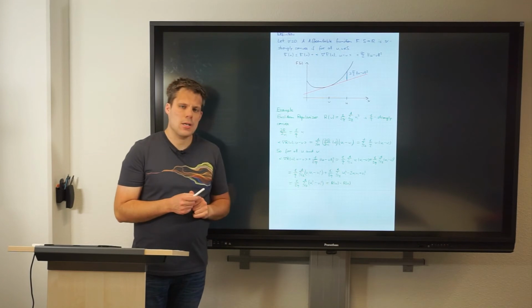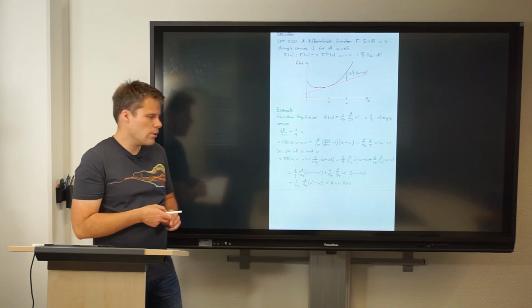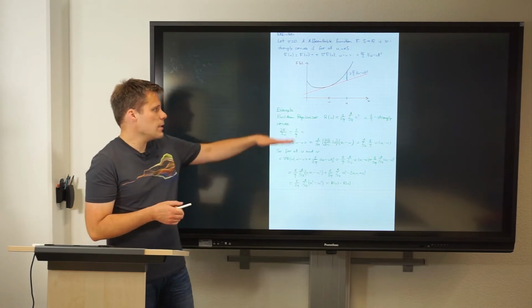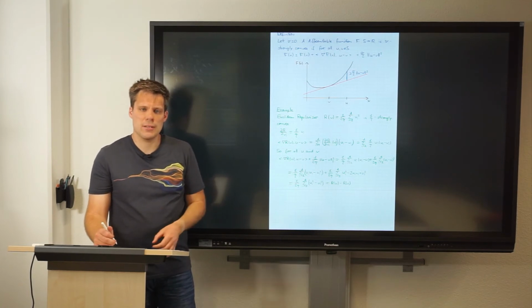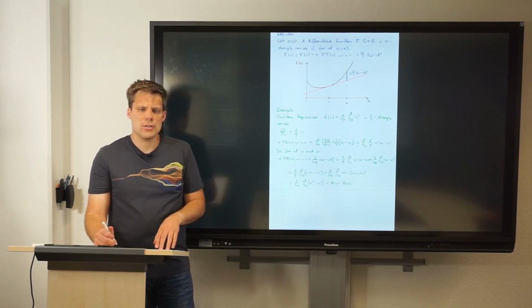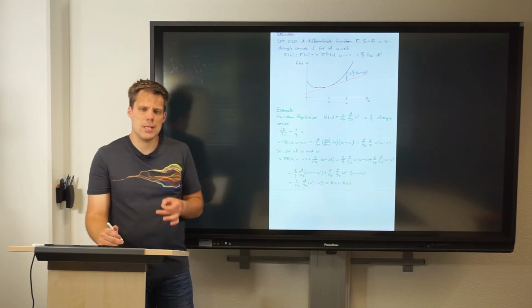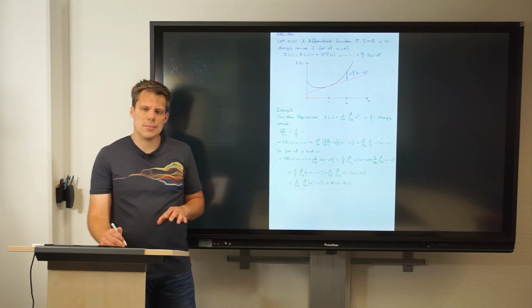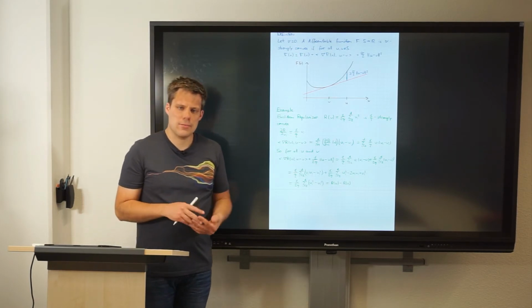The bigger the eta, the less strong its convexity is. Or in other words, the smaller the eta, the stronger the convexity will be. The slope will be more extreme for smaller values of eta. And I hope you recall that smaller values of eta correspond to a larger regularization, that the regularization plays a bigger role. And what we'll have to see is we'll have to balance out the amount of the regularization.